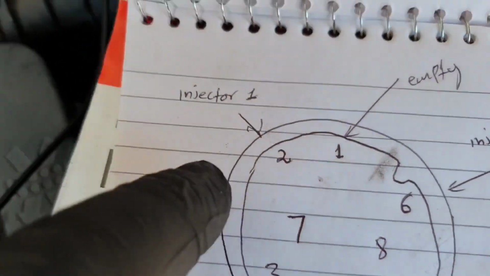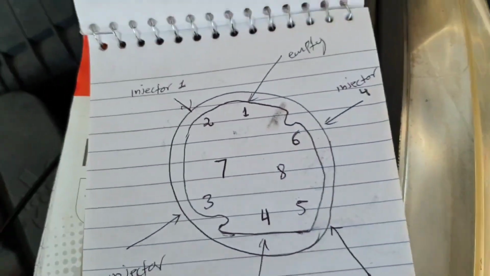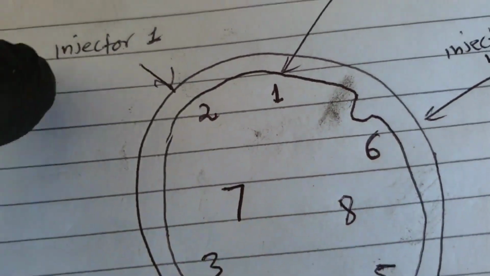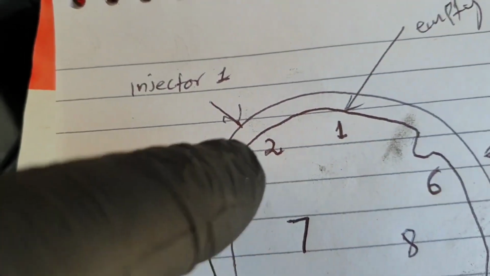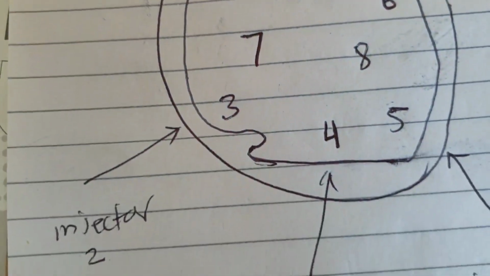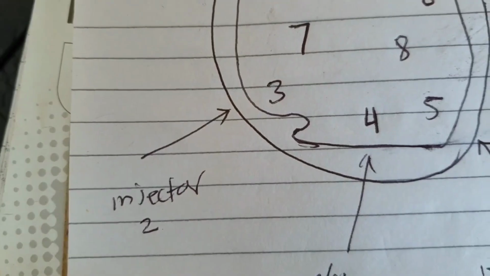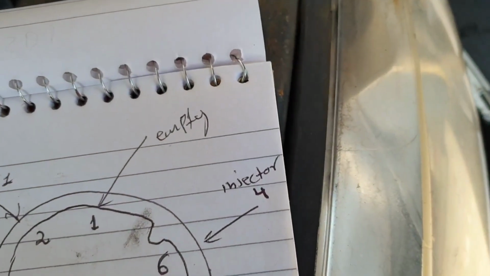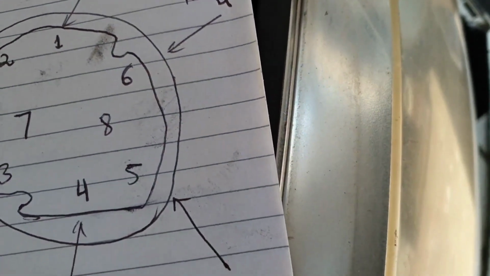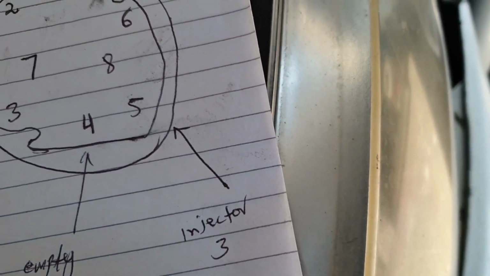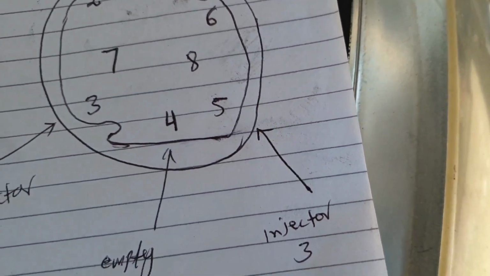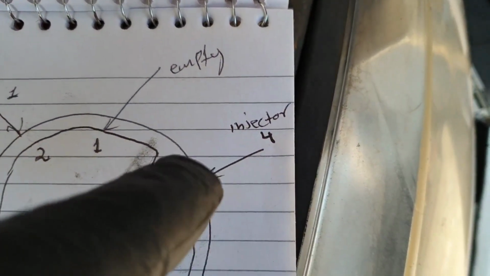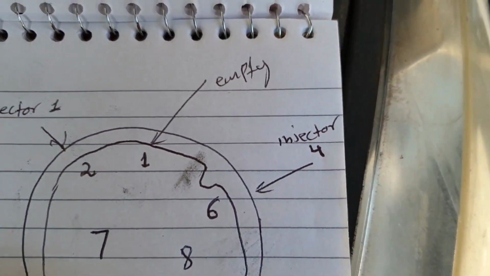As you can see here, this is the male side or the injector side connector. Pin 2 is the control wire of injector number 1, pin 3 is the control wire of injector number 2, pin 5 is the control wire of injector number 3, and pin 6 is the control wire of injector number 4.